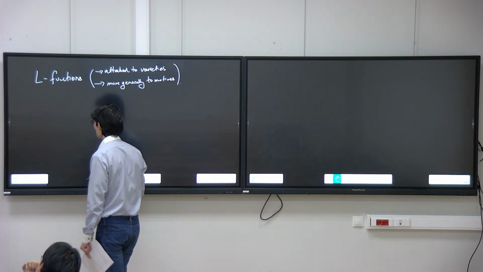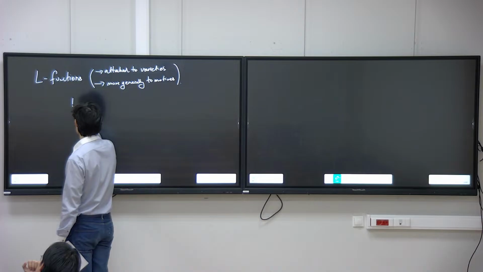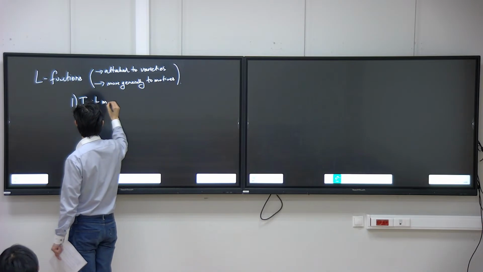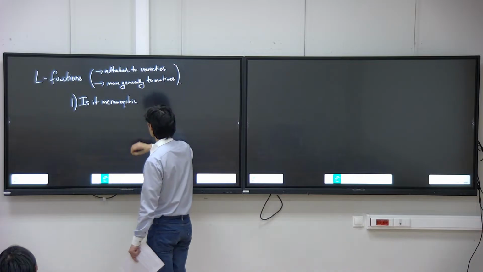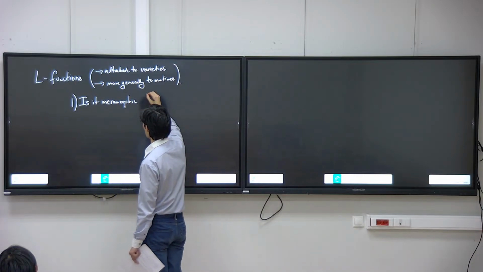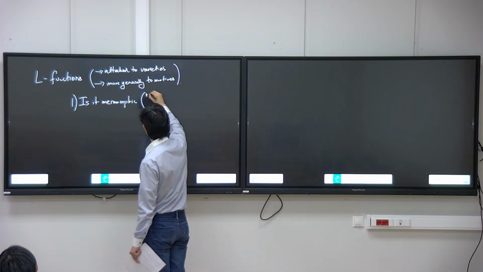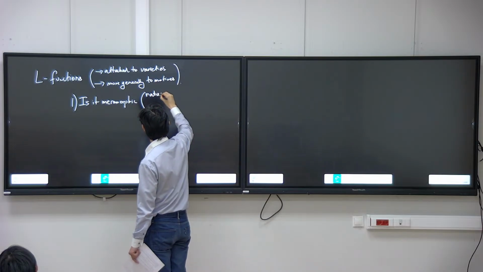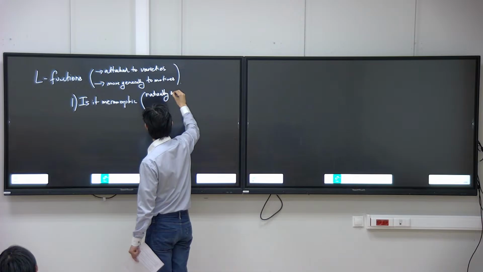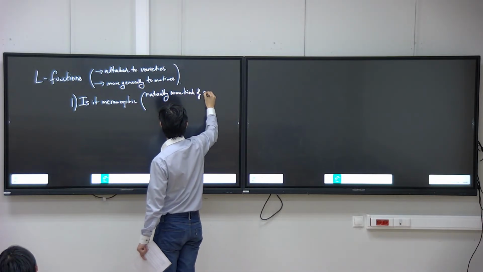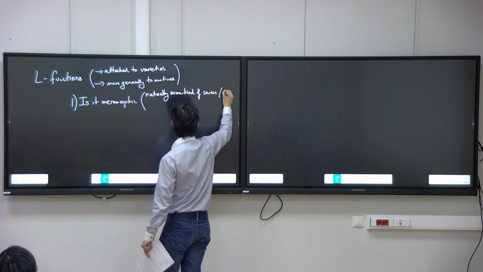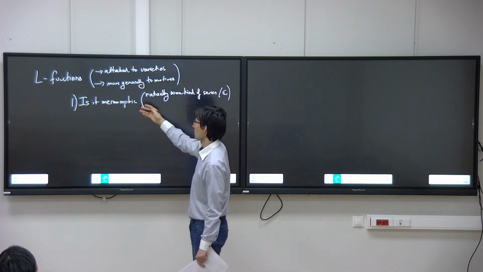Once you define an L-function, you can ask some questions. For example, is it meromorphic? An L-function is naturally some kind of series over C, so it's natural to ask whether it's meromorphic.